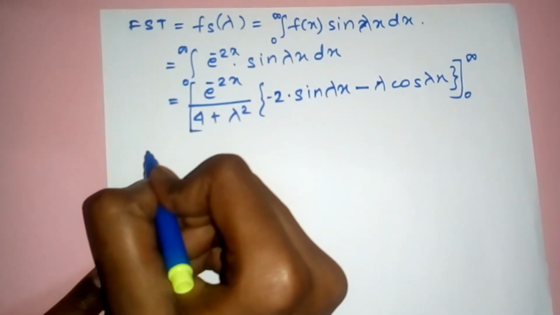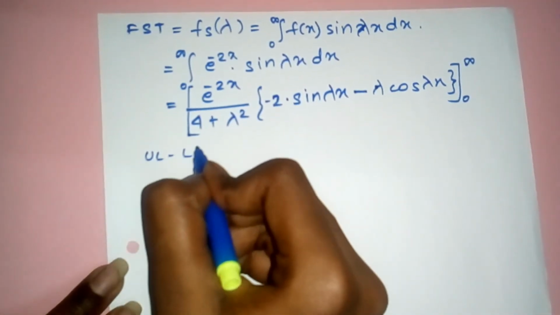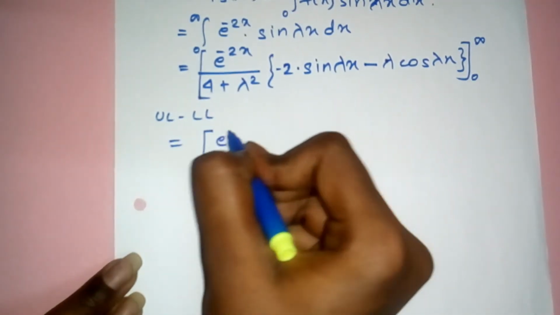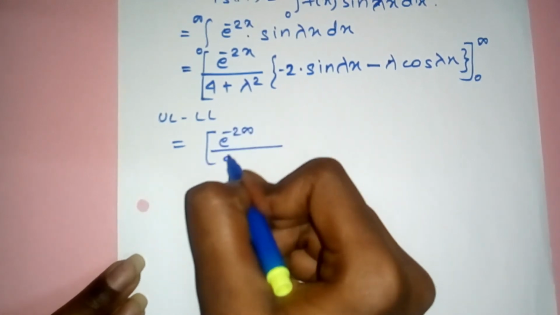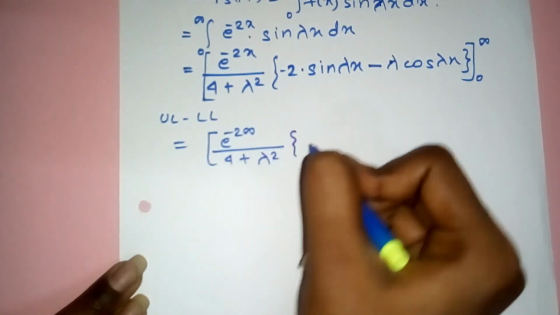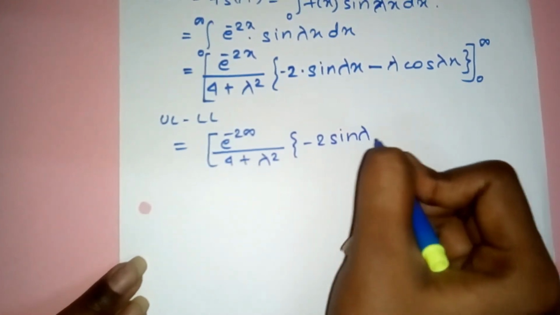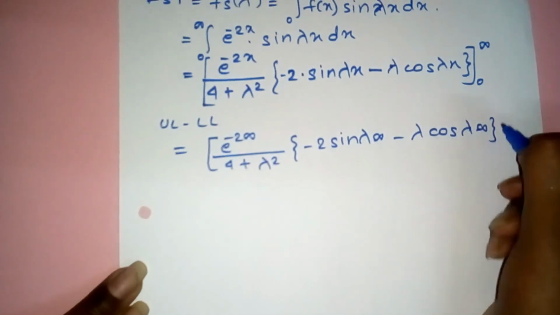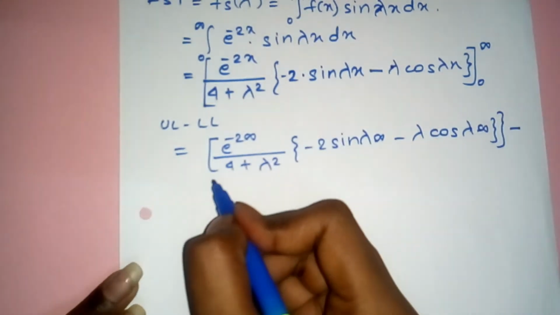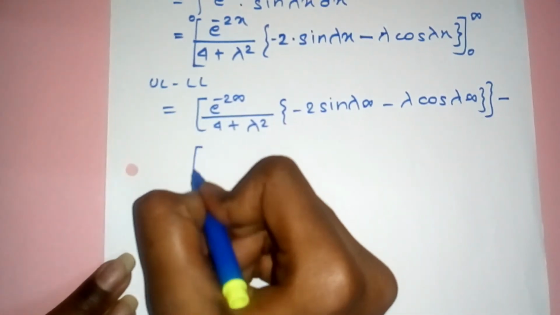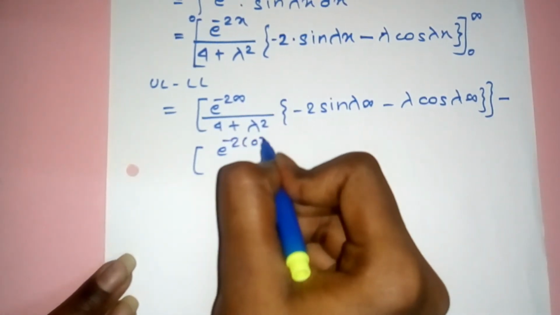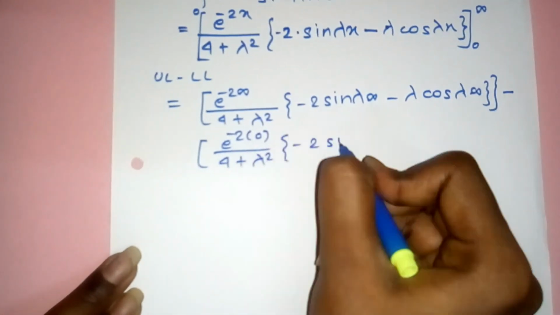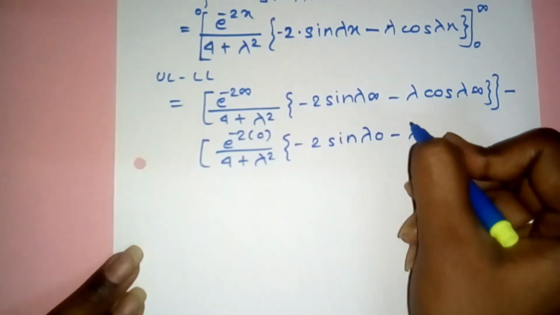As in the previous sum, it is upper limit minus lower limit. Now we'll put infinity in place of x. So e raised to minus 2 infinity upon 4 plus lambda square into minus 2 sine lambda infinity minus lambda cos lambda infinity, minus, now the lower limit, that is 0. So e raised to minus 2 into 0 upon 4 plus lambda square into minus 2 sine lambda 0 minus lambda cos lambda 0.